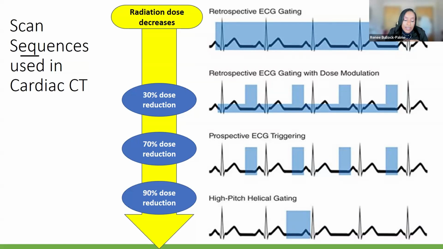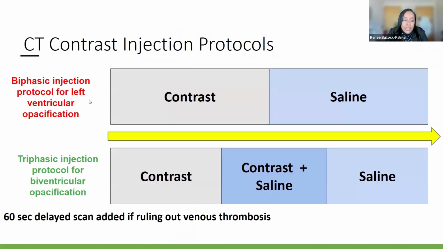Of course, there's a high-pitch helical gated study where it's a single beat study that can get you to an even lower dose. So there are various options here, depending on what you're looking for in terms of radiation dose reduction, and being mindful of each of these is very important when selecting the protocol for your patients.